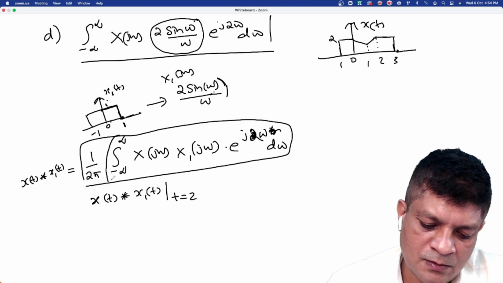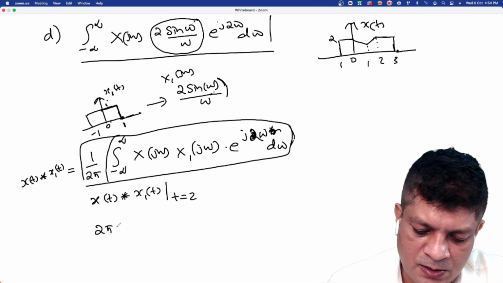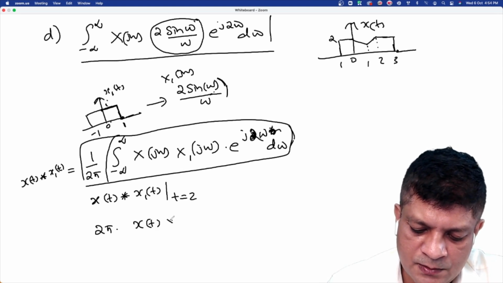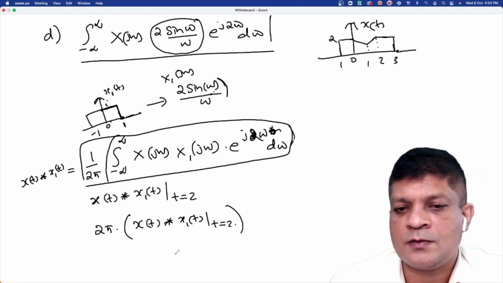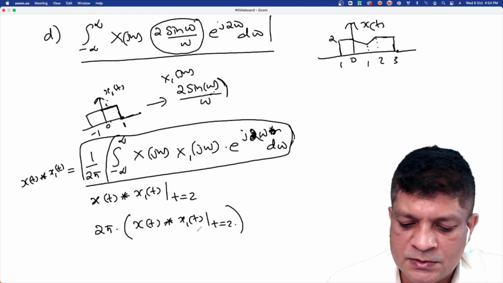In the question, only this part is asked. So the final answer is 2 pi into x(t) convolution x1(t) at t equal to 2. Now tell me, what is this convolution?